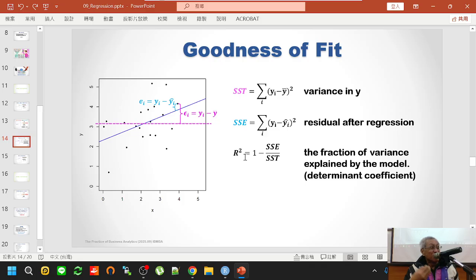In terms of variance, it explains 60% of y's variance if the R square equals 0.6. If the R square is equal to 0.4, then it implies that the model can only reduce the variance of y, reduce the error of y, by 40%.